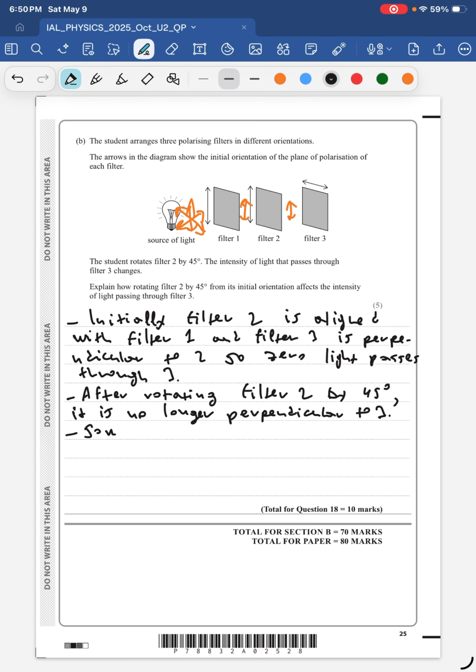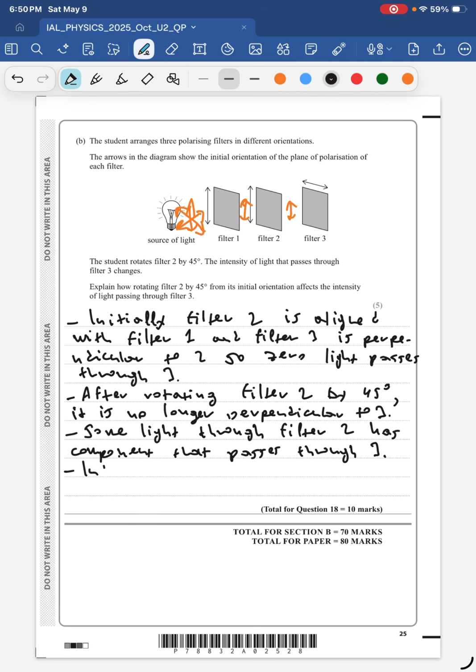Okay, so some light through filter 2 has a component that passes through filter 3, okay? So intensity rises from 0.